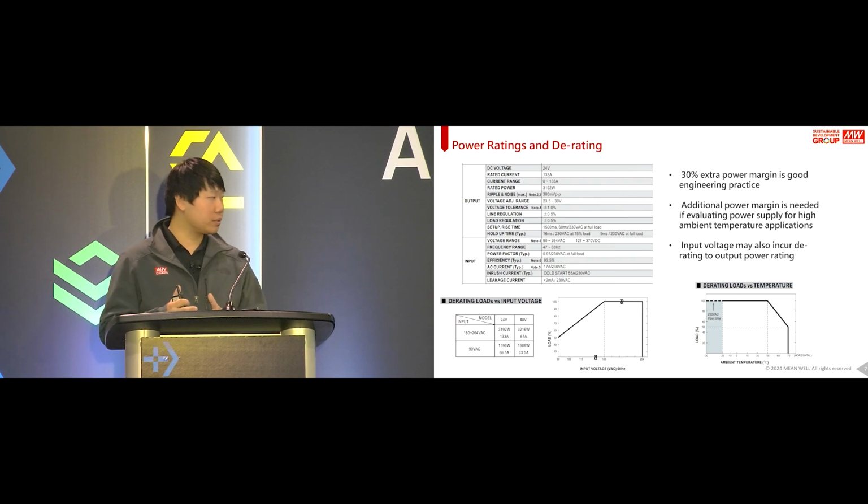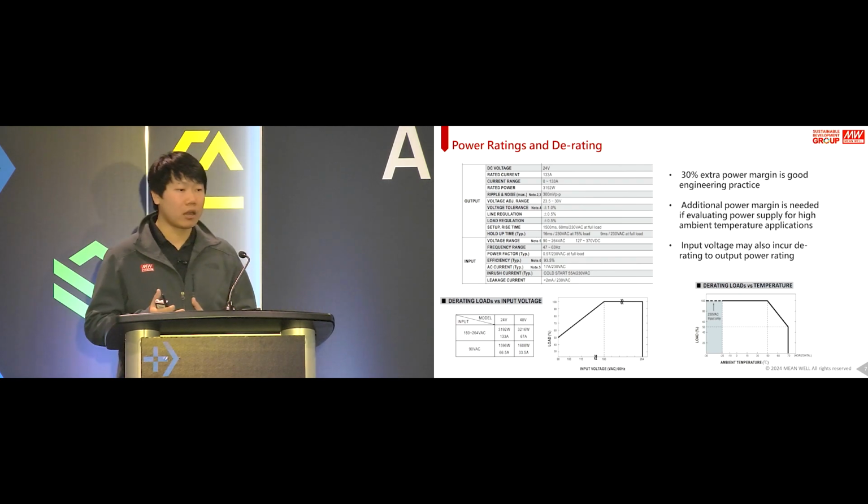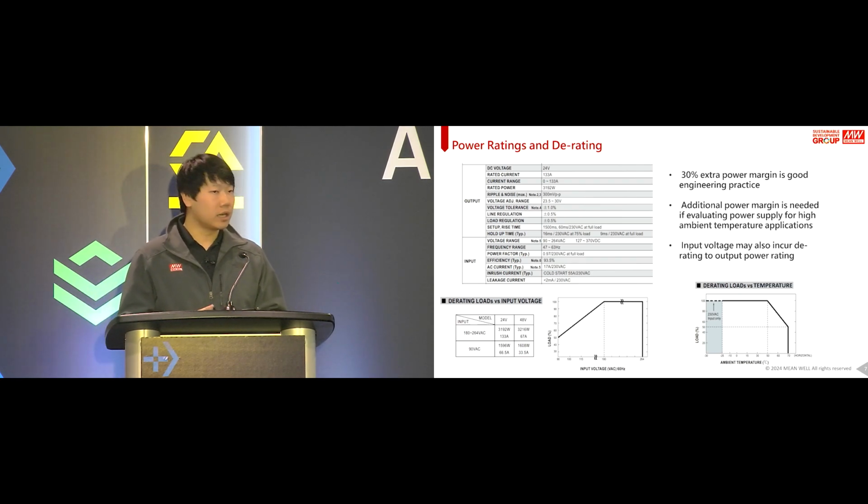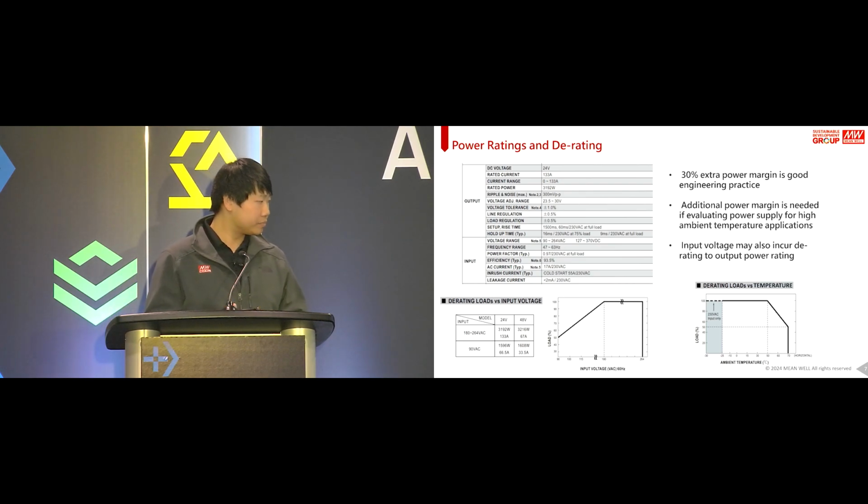So to push the power supply to those higher temperatures, you need to be able to derate the output power accordingly. And for a lot of the products, typically the maximum derated temperature, usually 70 degrees Celsius or 85 degrees Celsius, and the manufacturer will specify what's the maximum load. So for this specific example, you will have about 50% of the rated power left if you're using at 70 degrees Celsius versus you were using at 50 degrees Celsius.